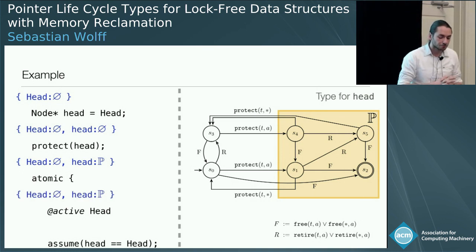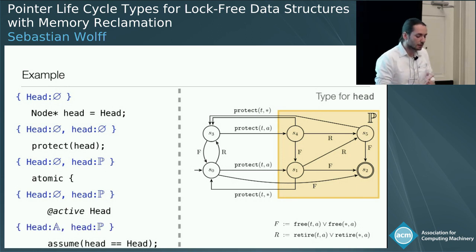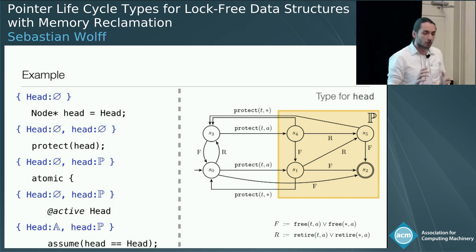Entering the atomic block does not change the type environment. It just gives us some more reasoning power because we know that there are no interferences. Next, we have an annotation that says active head. What this annotation means is that the head pointer has not been retired yet. We call this active. And as a result, we add the type A, standing for active, to the shared head pointer.